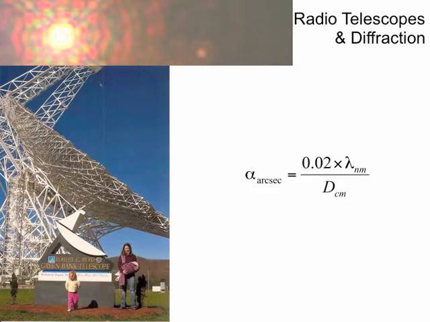Here I am with two of my daughters standing beside a radio telescope in Green Bank, West Virginia. You see the size of the dish is immense. This is because radio wavelengths of light have very long wavelengths, and therefore the telescope aperture needs to be made large in order to try to make up for this and get better resolution.